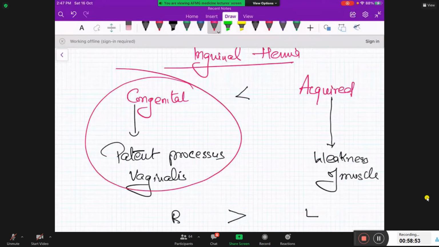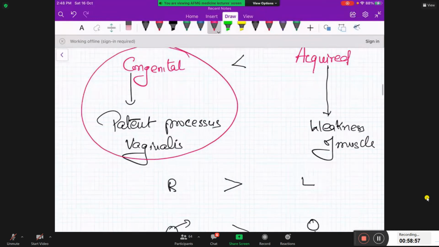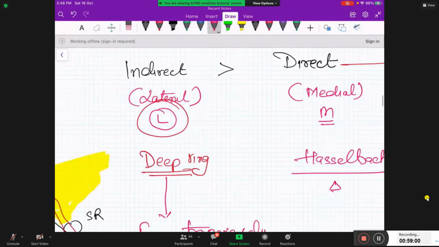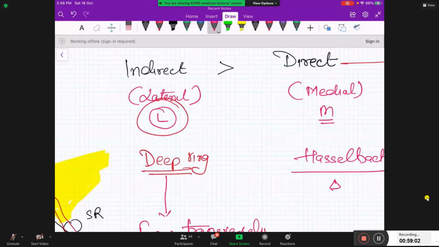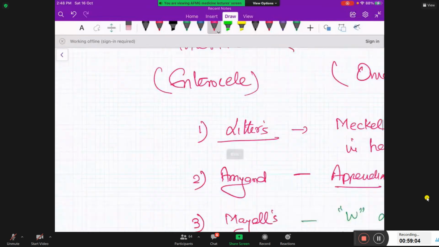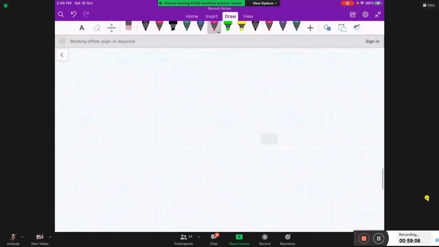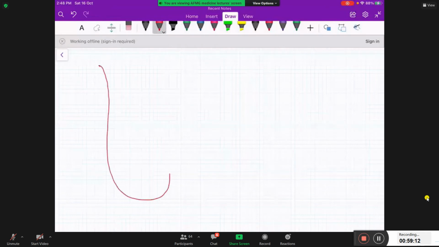Patent processus vaginalis. After this hernia discussion, in hydrocele, I'll tell you what is this patent processus vaginalis. This is when a testis descends. You all know. It descends with, it is like this. The peritoneum comes down with the testis like this.